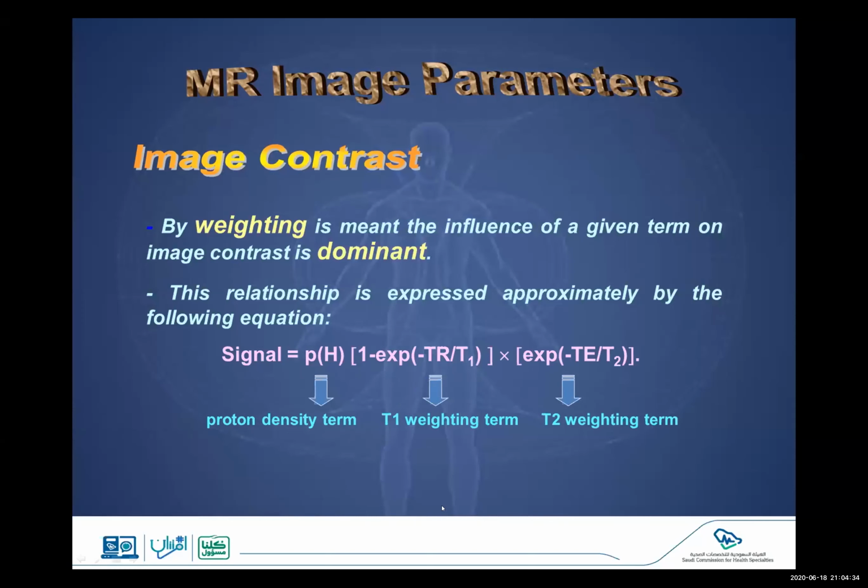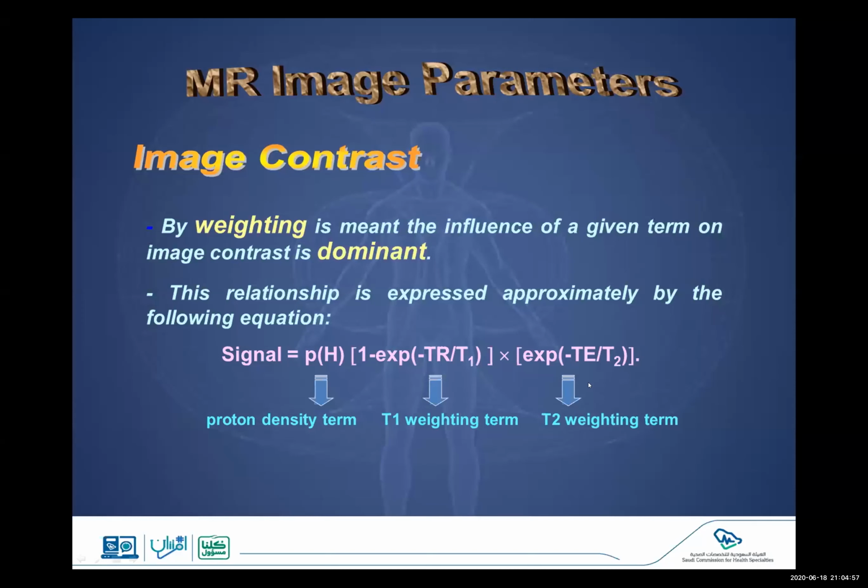Then we have a T1 weighting term. Within that term, we have TR, which is an external parameter, and T1, which is internal and related to the type of tissue. TR is selectable, so the operator can select the TR to highlight a specific contrast. Then we have a T2 weighting term.